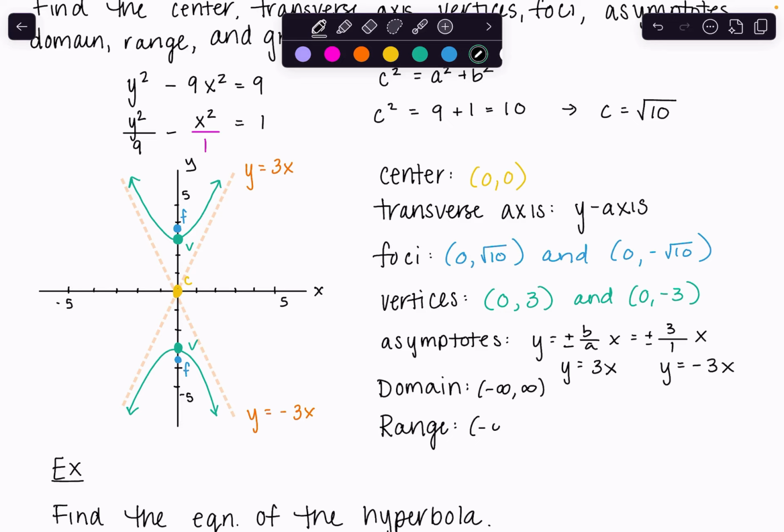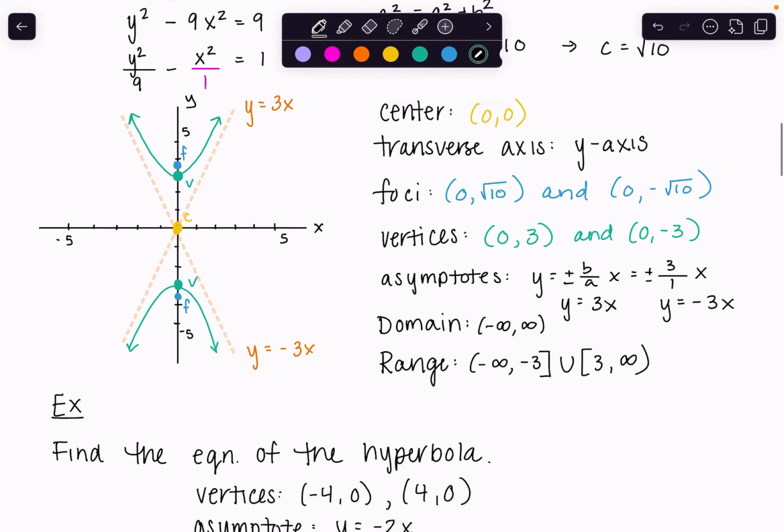So in interval notation, that would be negative infinity to negative 3, and we do include negative 3 because we have a point right there. And then our next piece starts at 3 and goes to positive infinity. Okay, so there is our hyperbola and all of our key pieces of information.